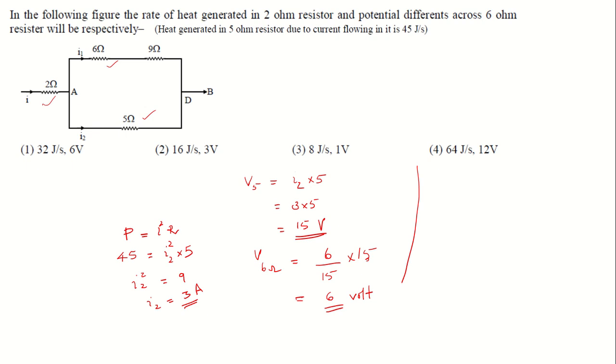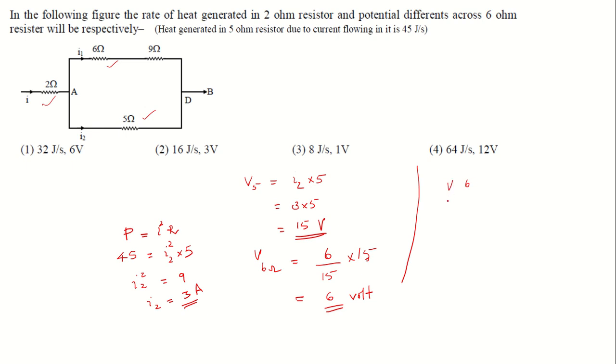But one more concept we have to prove: what is the heat generated in the 2 ohm resistor? That is possible only when we find the total current, so we need the value of I1. How can we find I1?